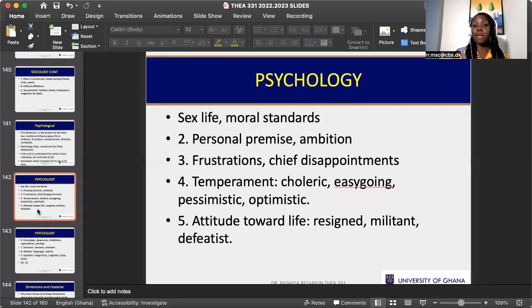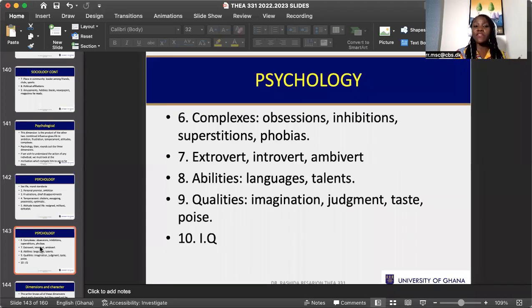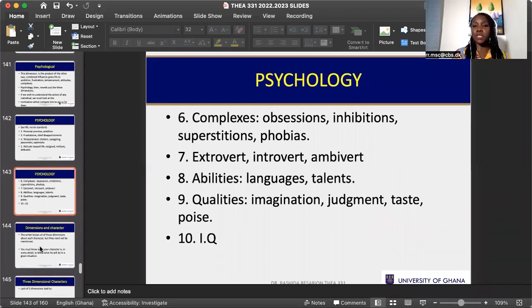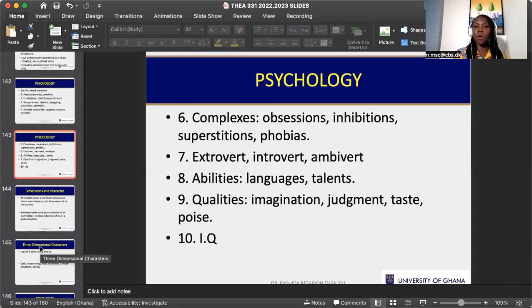The person can be very militant because that is how the person was raised, or the person was left to grow up in the streets by him or herself. Or you can have somebody who has this defeatist attitude towards life. And if the person has obsessions about certain things, or certain superstitions, or certain fears about life, you know that it is coming from the environment.